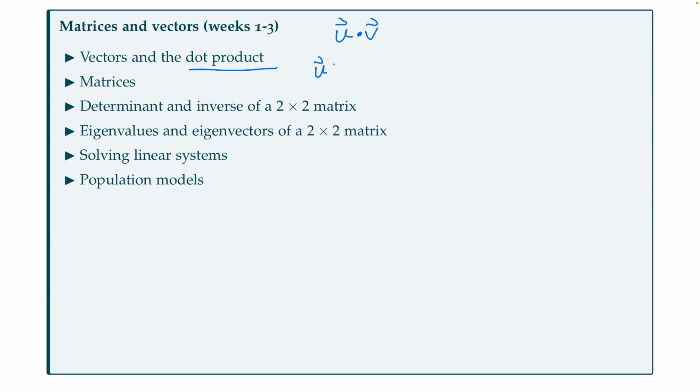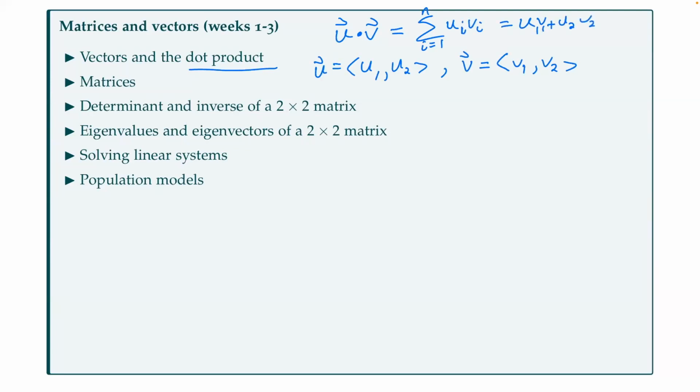So if u is some vector with components u1, u2, and similarly for v, v1, v2, if we take the dot product of these 2 things, then all we're doing is taking the sum of the component-wise multiplication. Okay, so we multiply the first element of u, we'll call ui, times the first element of vi, and sum that up. So this is just u1 v1 plus u2 v2, and so on.